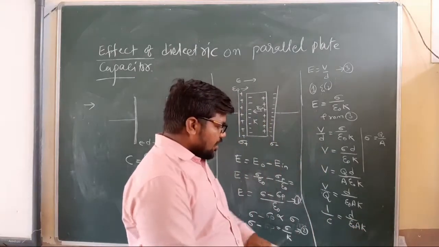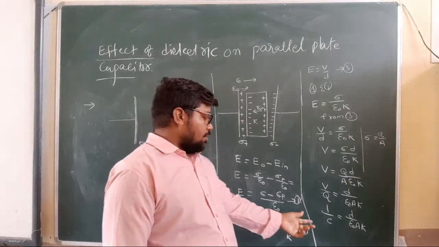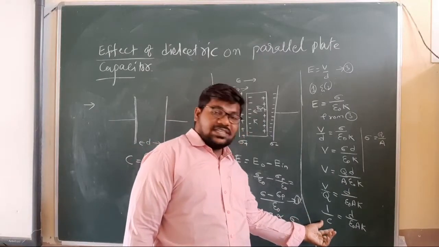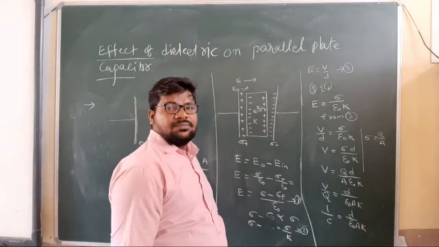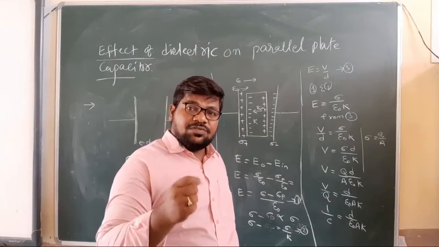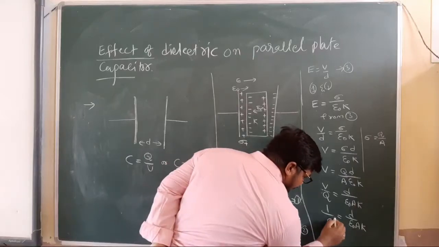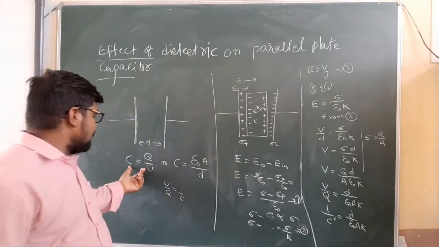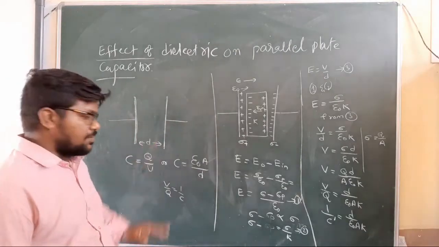We know that whenever we use a dielectric medium, we get a new capacitance, so we call it C dash. Already we are using C, where C is equal to Q by V without the dielectric medium.